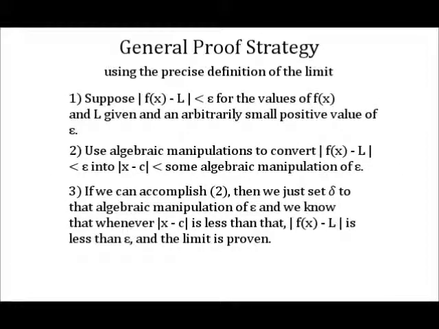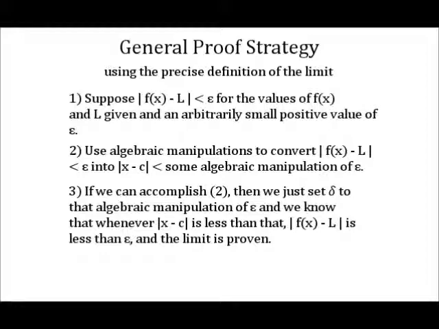Now, proving a limit using the epsilon delta definition of a limit can take the following general strategy. First, suppose the absolute value of f of x minus L is less than some epsilon, for the values of f of x and L given, and an arbitrarily small positive value of epsilon.